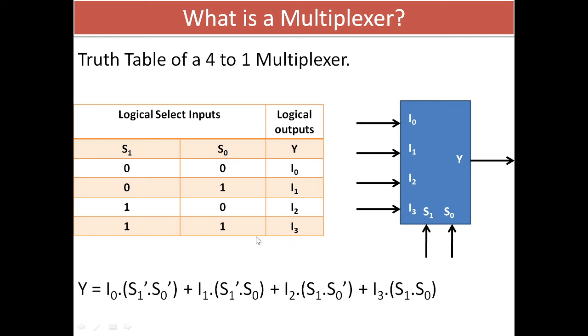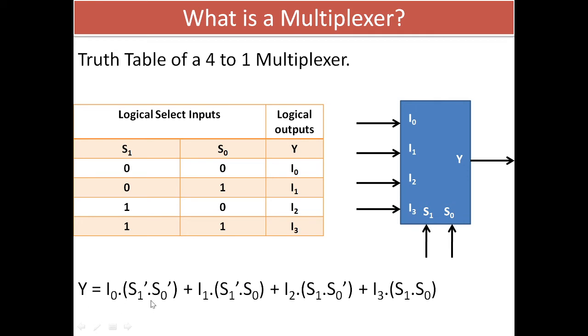Now if we go for the expression, at the output we can see we have I0, I1, I2 and I3, and we do not know the present status of the inputs. So we will be considering I0, I1, I2, I3 in the expression itself.